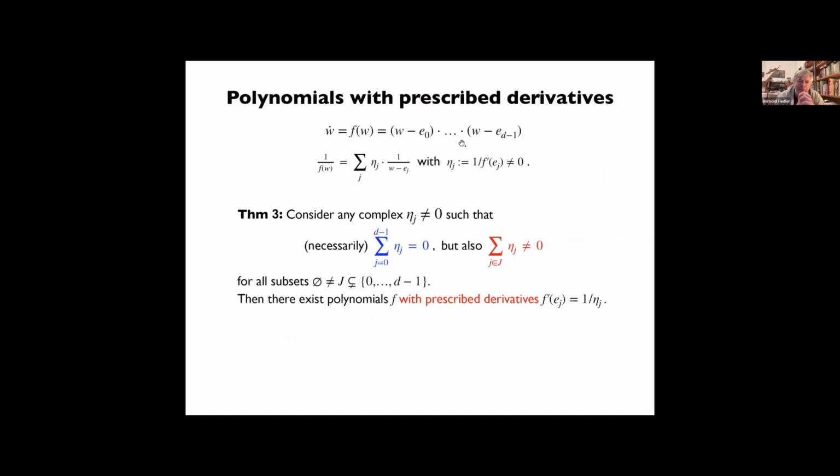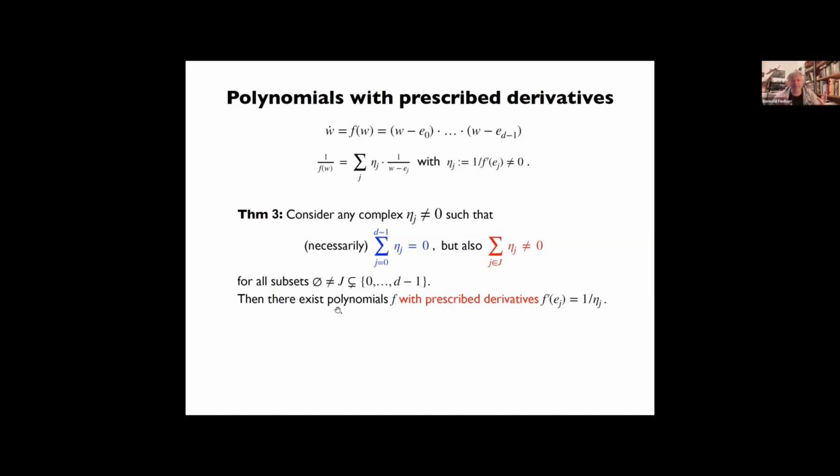And then if you define eta as 1 over F prime, 1 over the linearization at equilibria, then these eta can be prescribed arbitrarily. This is not a standard interpolation. So the last line on this slide is: there exist polynomials F with prescribed derivatives at their zeros. I have these zeros.